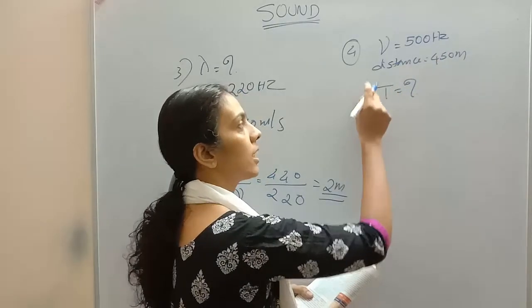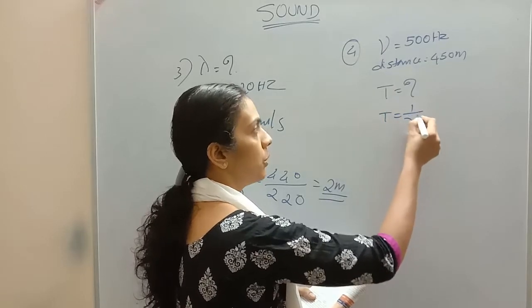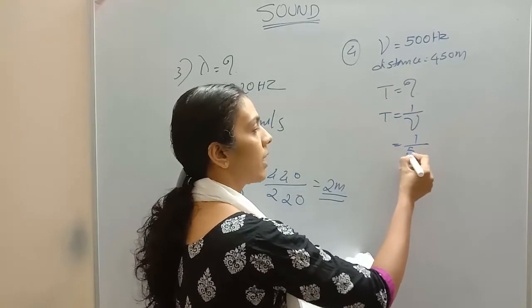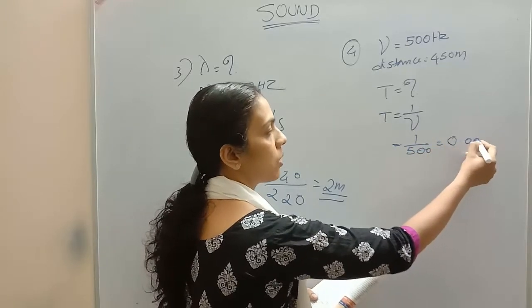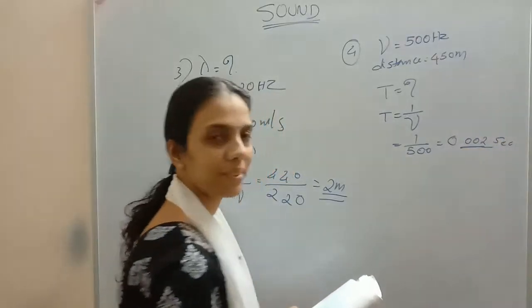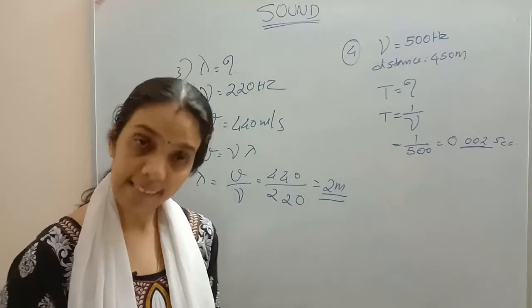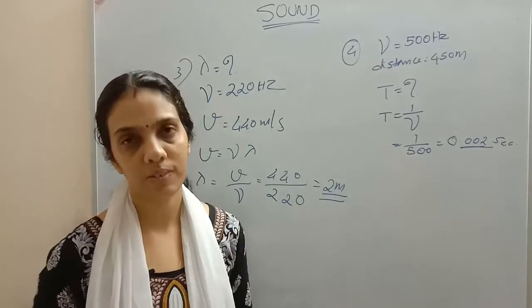What is the relation connecting nu and T? T is equal to 1 by nu, that is 1 by 500, which is equal to 0.002 seconds. Okay, clear?